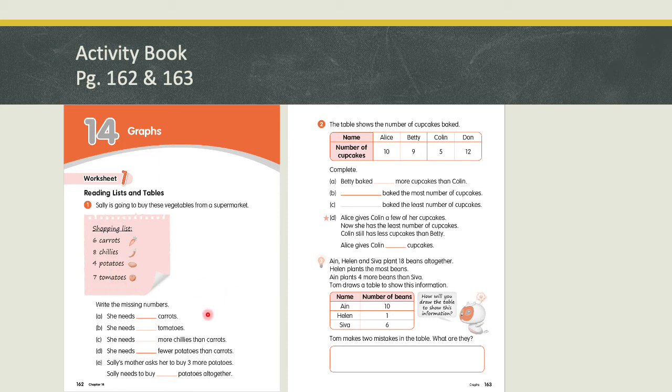For example, A. She needs carrots. How many carrots does she need? Where can you find carrots? Up on top. How many? 6 carrots. So you're going to write number 6 over here.